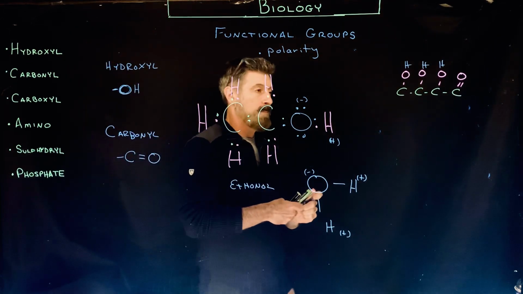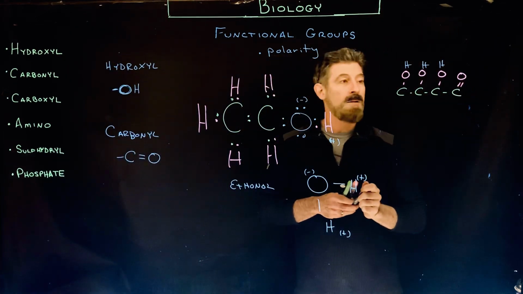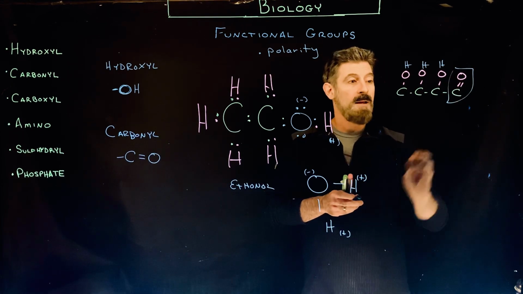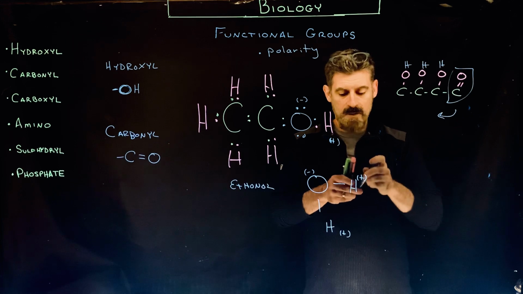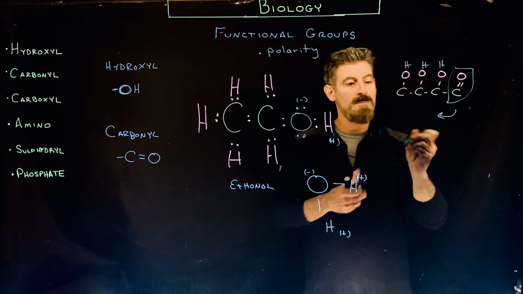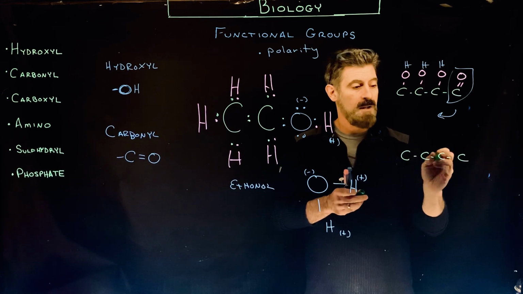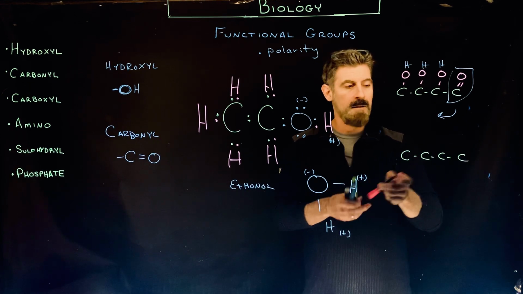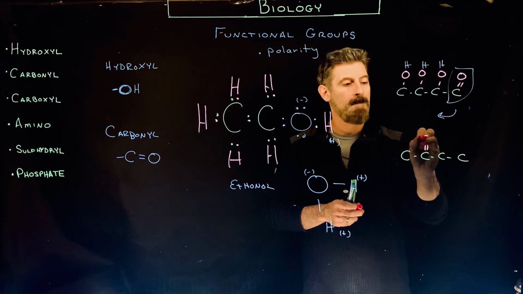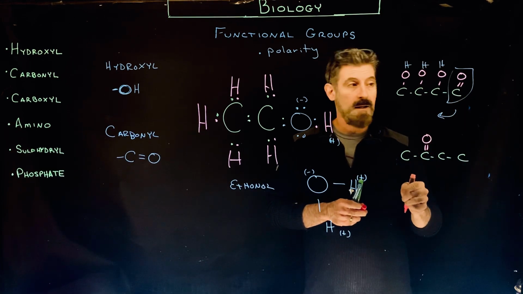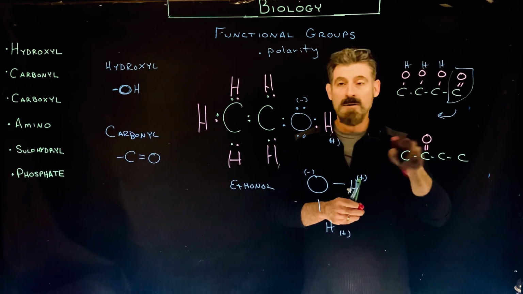So it's a carbon with a double bond to an oxygen. So this actually would be a carbonyl group. And so in the structure of a carbohydrate, it could be for different sugars at different locations. So it could end up being here. This could be an interior one, or it could be exterior, like that. But there's no hydrogen associated with that oxygen.